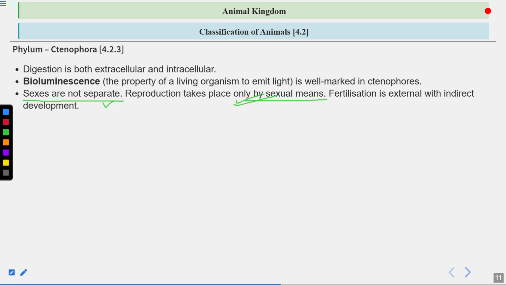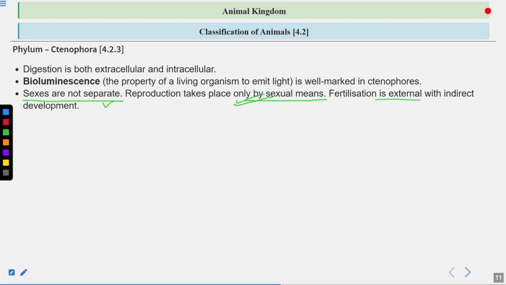Very important point: the 2 points that are very important here are that they are exclusively marine and reproduction takes place only by sexual means. No asexual reproduction is reported in Ctenophora.